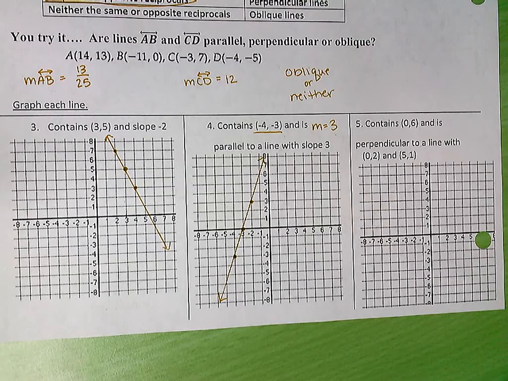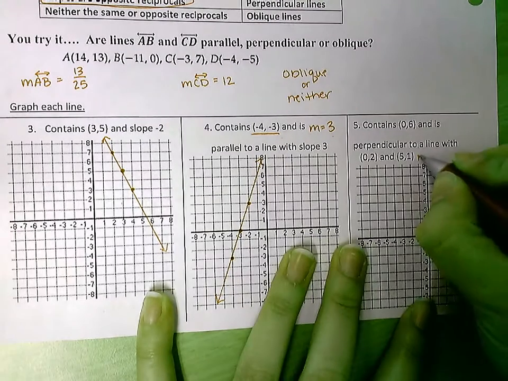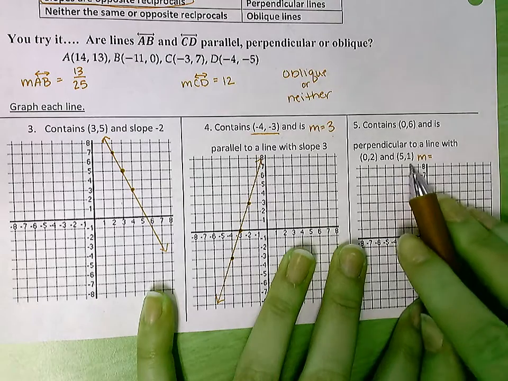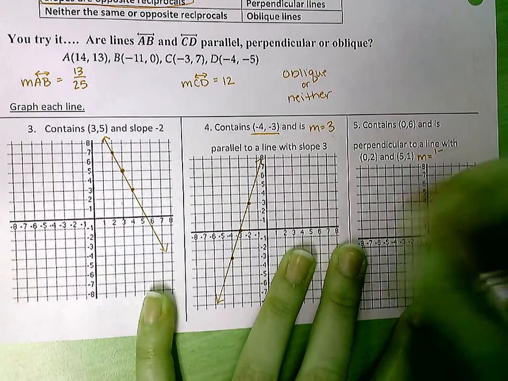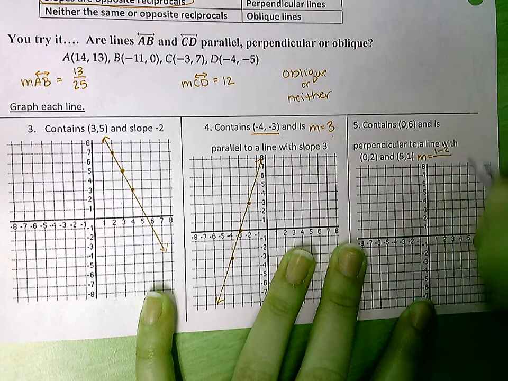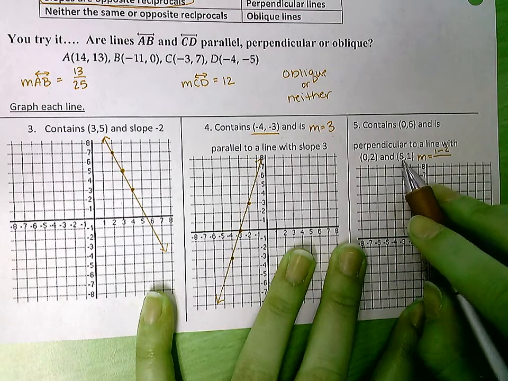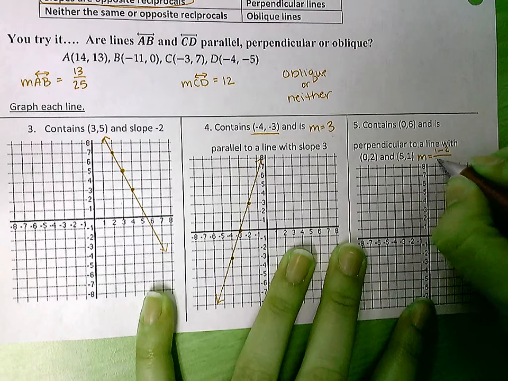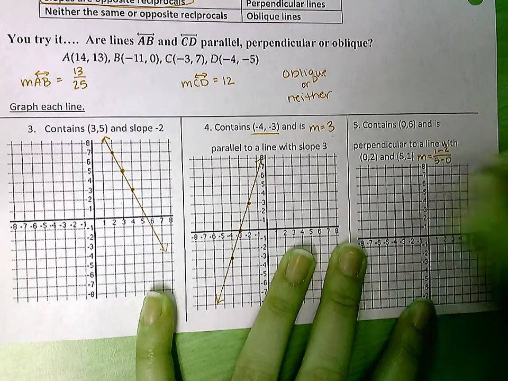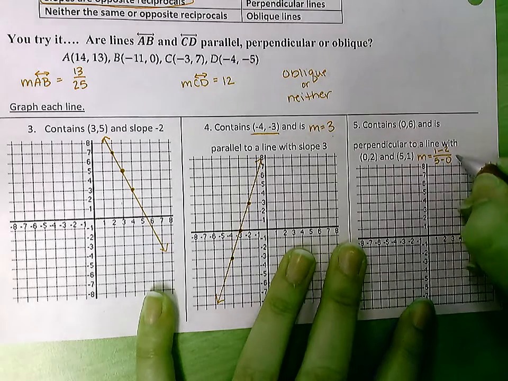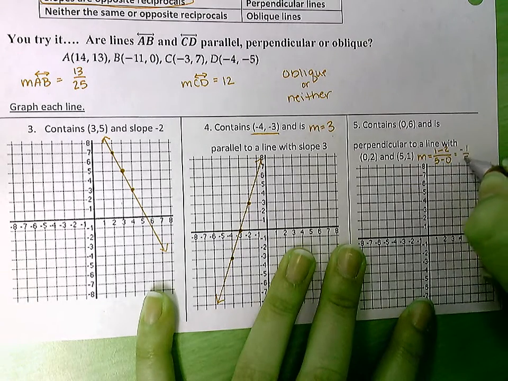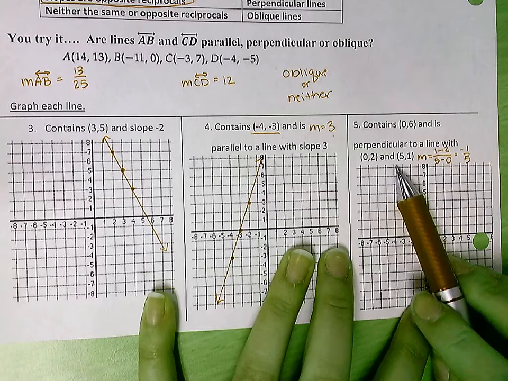You can use either. I'm just going to find that slope. So I need y sub 2, which is 1, minus y sub 1 is 2, over x sub 2, 5, minus x sub 1 is 0. Okay, so I should get -1/5 as my slope for this line.